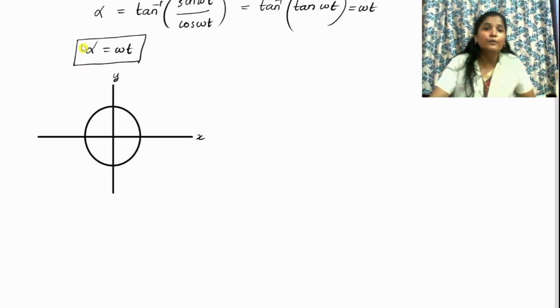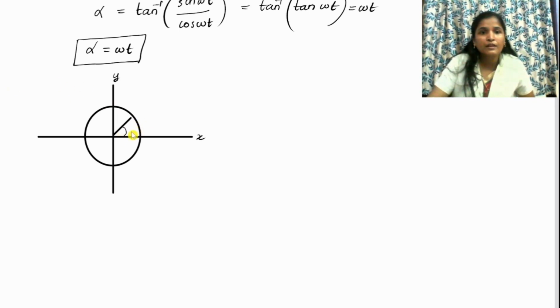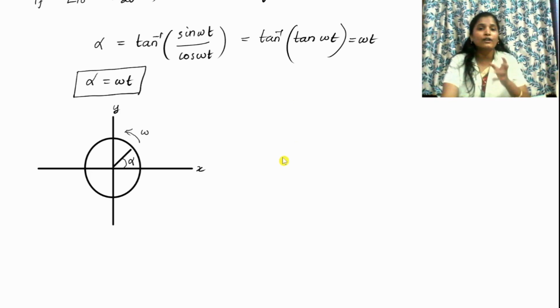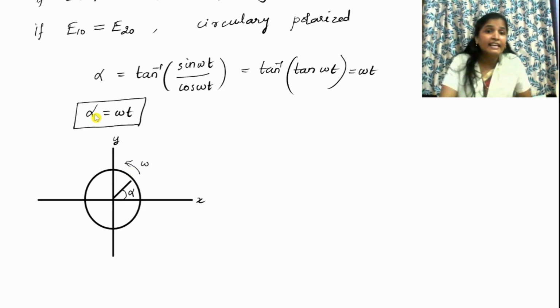In order to plot alpha equal to omega t, we make a straight line, and this is the angle alpha, that is omega t. The polarization is flowing from x to y direction. This is the angular frequency omega. This is the circular polarization plot, which we have plotted using this instantaneous angle.